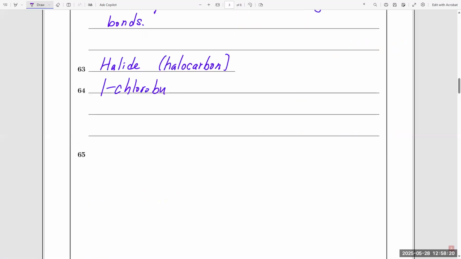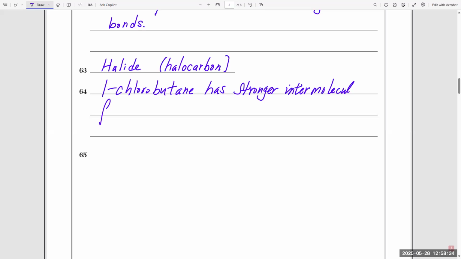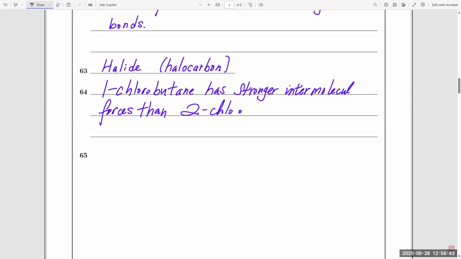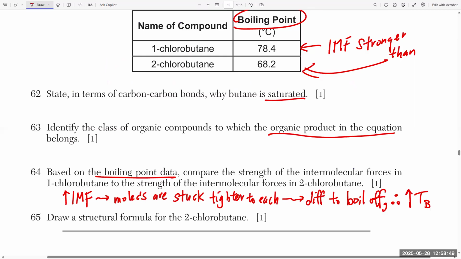Tane, has stronger intermolecular forces than 2-chlorobutane. Done. Let's go to 65.